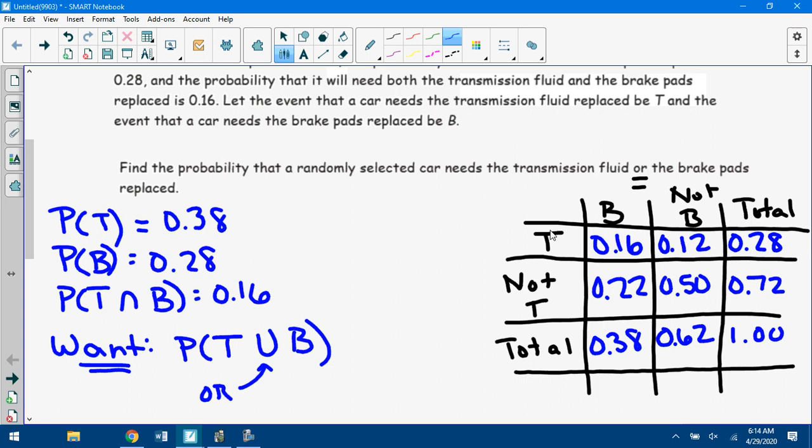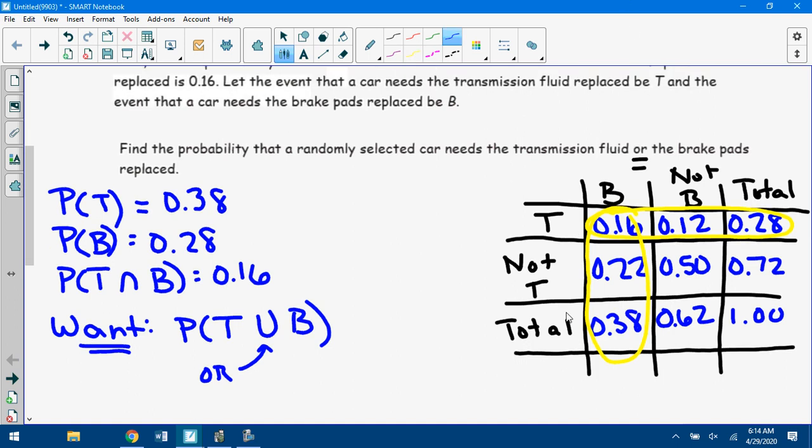Okay, so I want anything in the T column. So that would be any of this stuff. Or I want anything in the B column. That would be any of this stuff. So I can just add up all the numbers in this row and this column. So this is going to end up being 0.16 plus 0.12 plus 0.22.